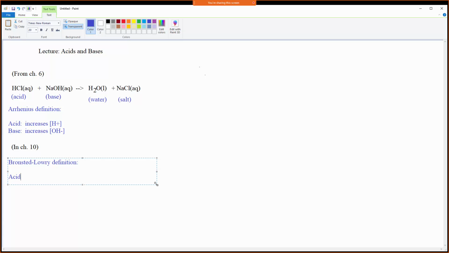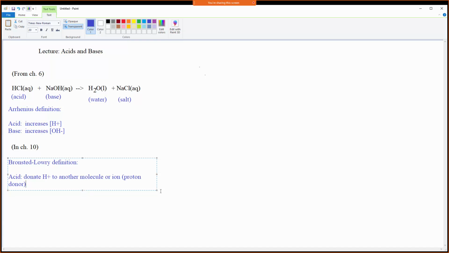We're going to say an acid is any species which is going to donate an H+ ion to another molecule or ion. We might call this a proton donor.